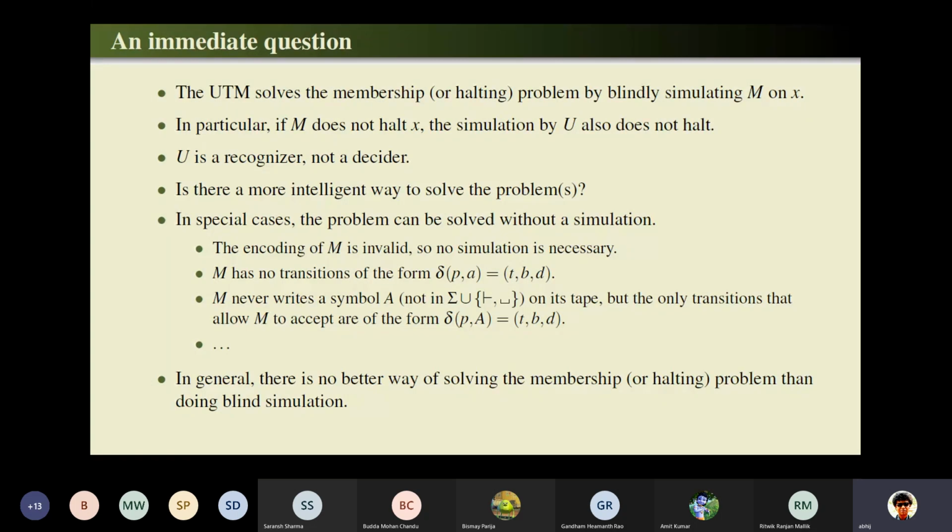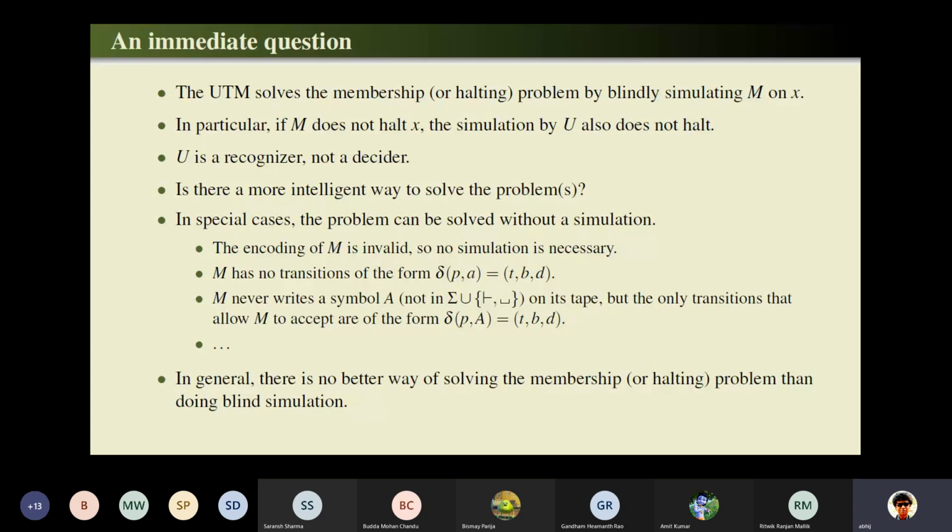The idea is that in general, there is no better way of solving the membership problem or the halting problem than doing blind simulation. There are special cases, but there are infinitely many of these special cases. All these things cannot be checked. But this is basically a very loose statement.